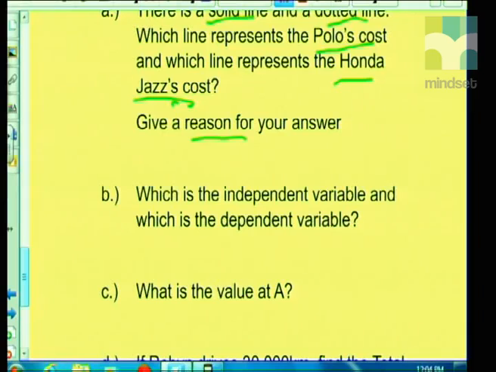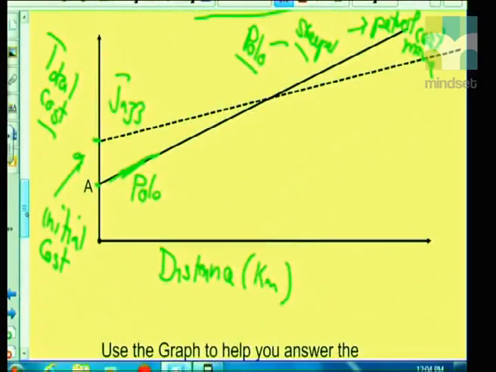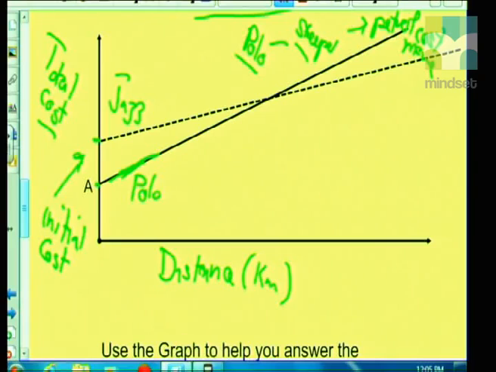So now it says, which is the independent variable and which is the dependent variable? Now, guys, this is terminology that when we look at a graph, we need to understand. Which is the thing that we are going to measure, and which is the consequence? Which is the input and which is the output? So the thing that we're going to change is the distance.